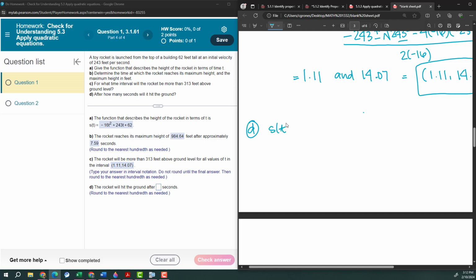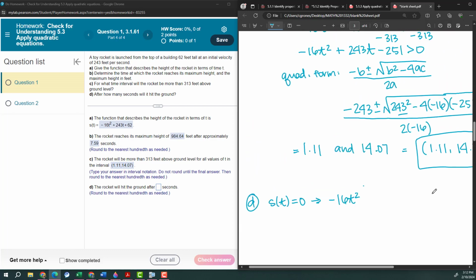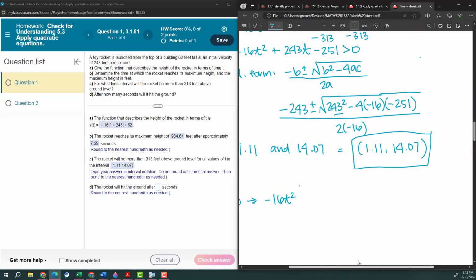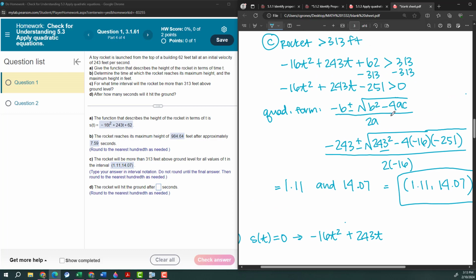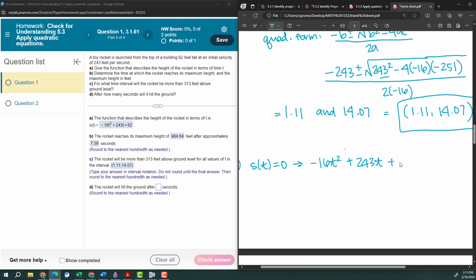So we need to set our formula equal to 0. So I've got negative 16t squared plus 243 times t plus 62 equals 0.